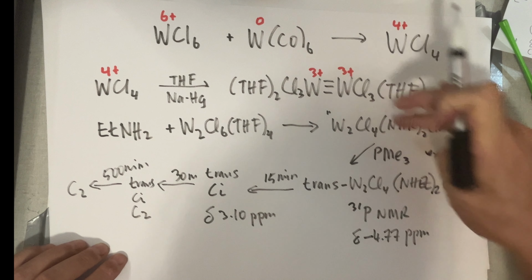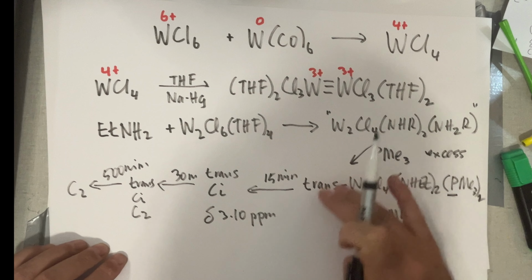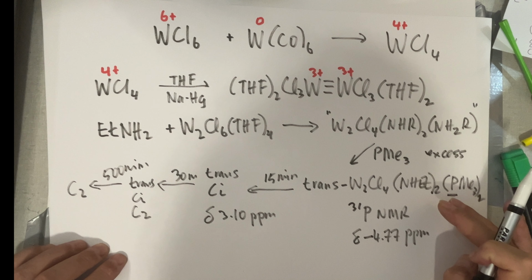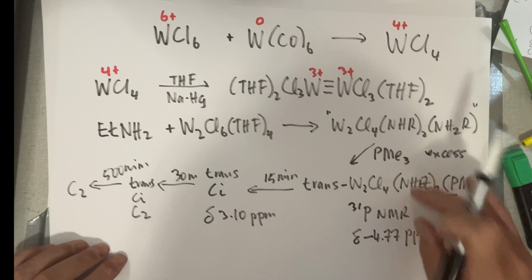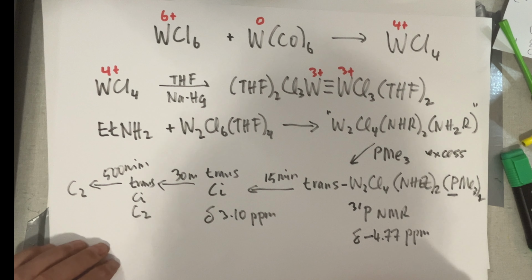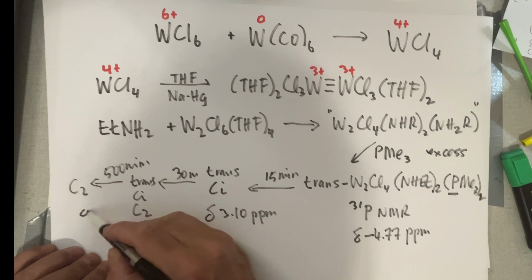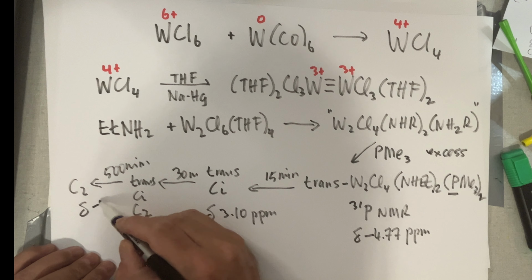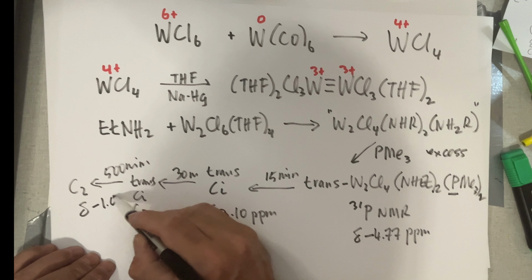So it means that this product most certainly was, let's say, a kinetic product, which then slowly over time transforms into the more thermodynamically stable product. And this one had a phosphorus peak at negative 1.04.